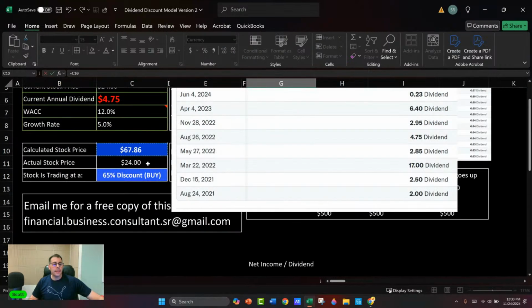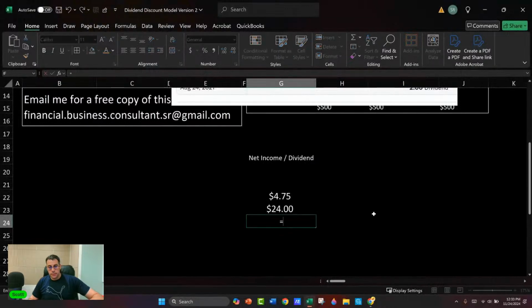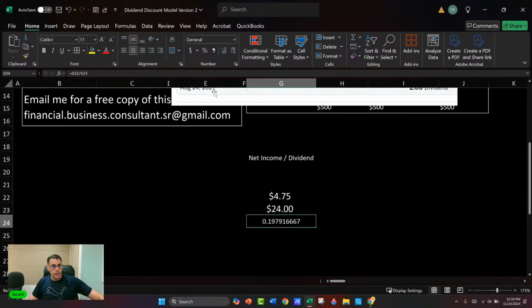It's just the mechanics of the stock market. That's why the stock price got so high when they were paying these huge dividends.